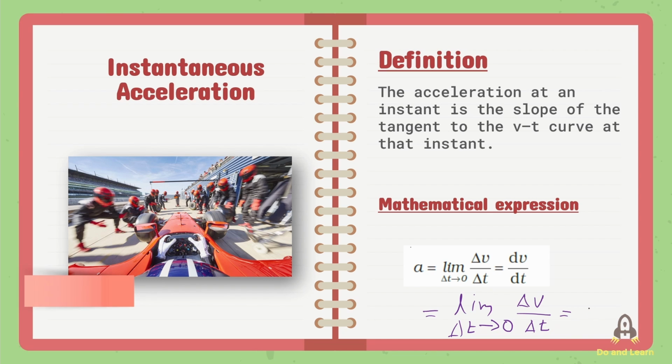In the calculus method we can use dv divided by dt. We'll study this differentiation in the coming lessons. Very simple, we are limiting the time to near 0, so we consider the acceleration of an object at an instant. That is called instantaneous acceleration.